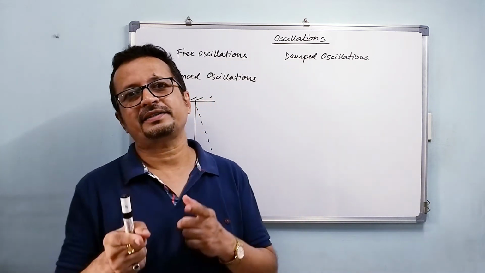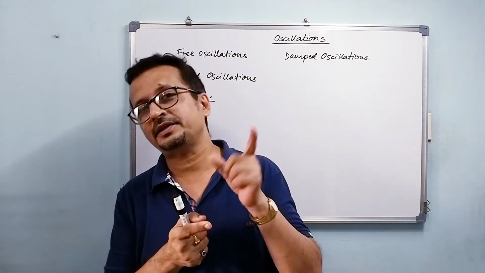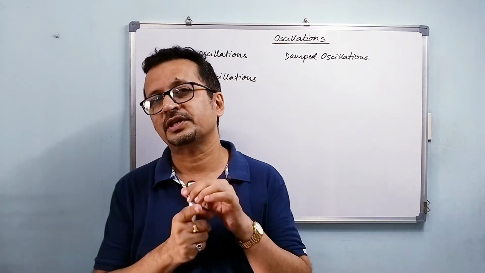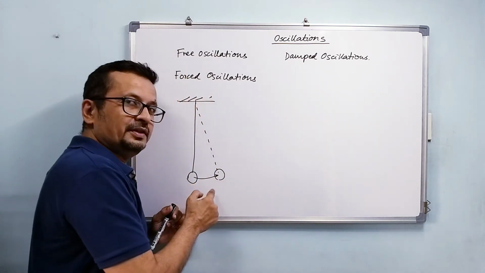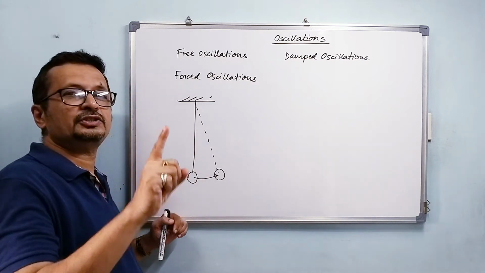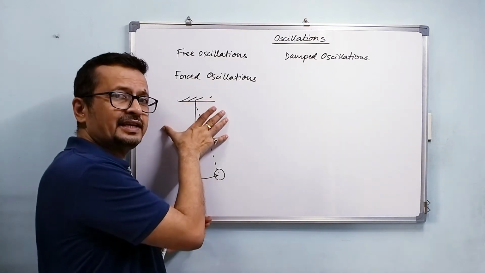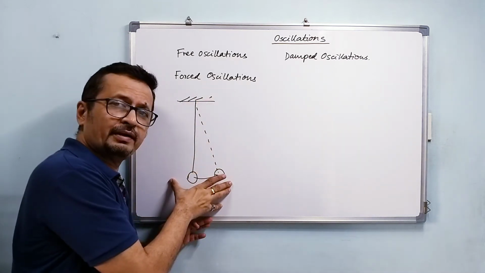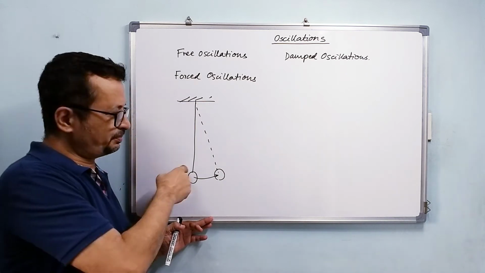Now we started from something called resonance, and in resonance I had mentioned natural frequency. This frequency of oscillation of natural vibrations, or free vibrations, is called the natural frequency of this pendulum.